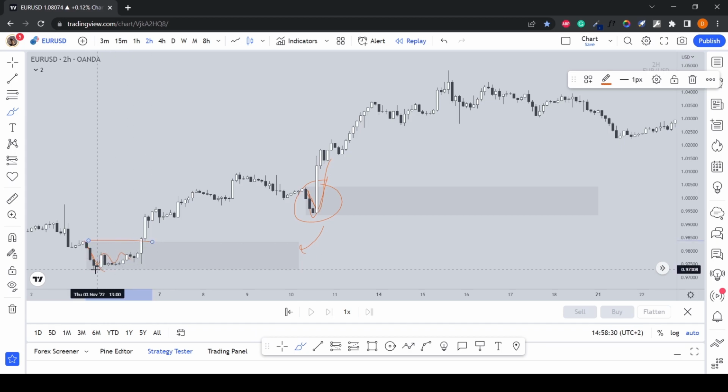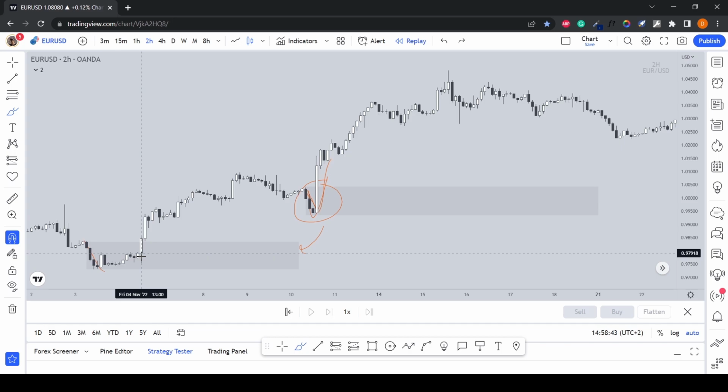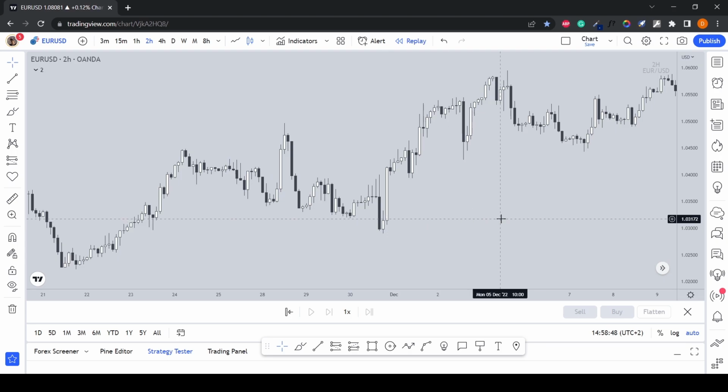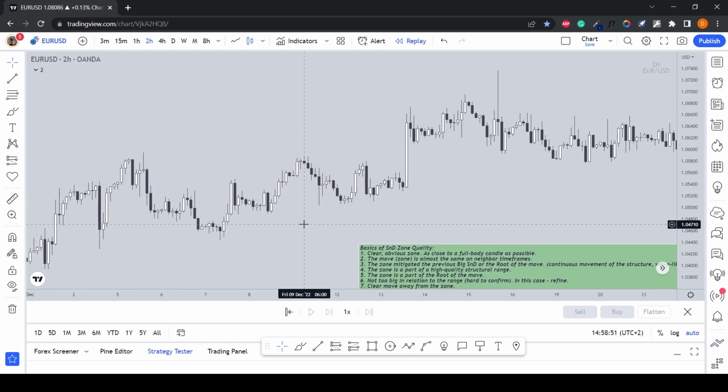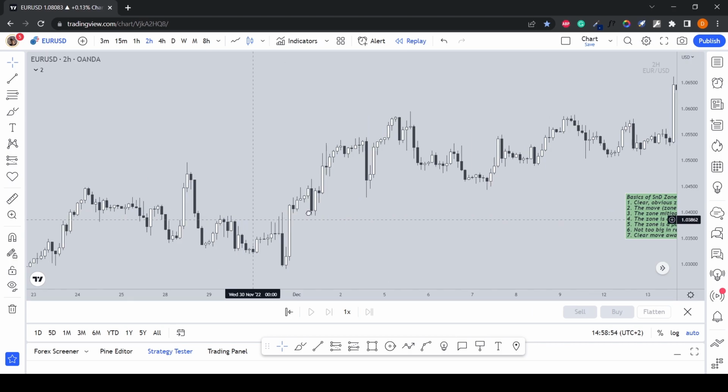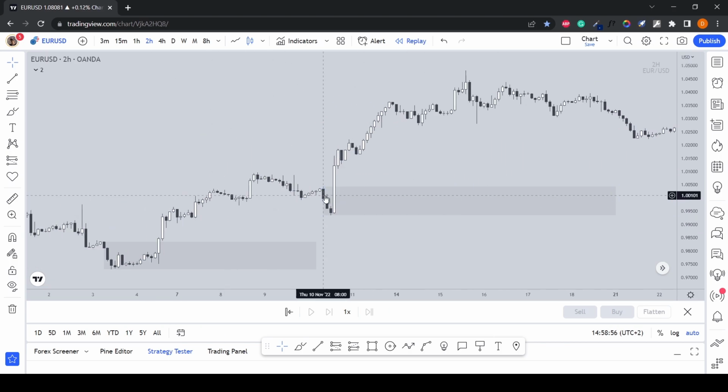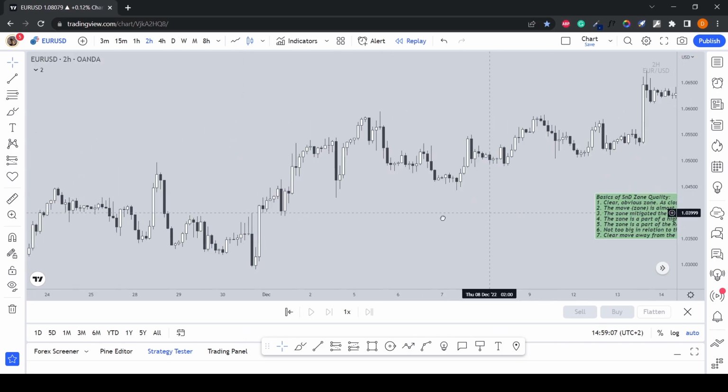So though on 8 hours we had one candle, on 2 hours we see other moves represented in this zone, and we don't consider it a higher quality zone if we have something like this. Again, a reminder: if the zone has something like this, it does not mean you can't trade it. But if you have a choice to trade this zone or this zone, then take this one, because it's higher quality.